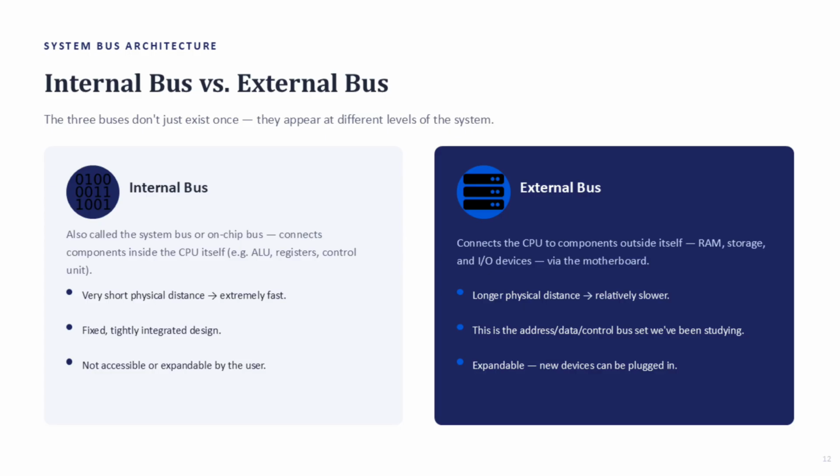Signals have to travel across the motherboard, so communication is relatively slower than communication inside the CPU. This is completely normal and expected. The external bus is also expandable. For example, if you install additional RAM or connect new hardware, these devices communicate with the CPU through the external bus architecture.